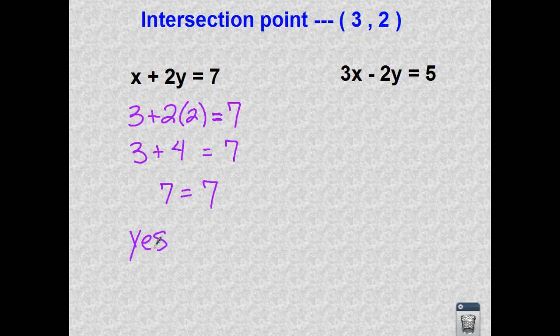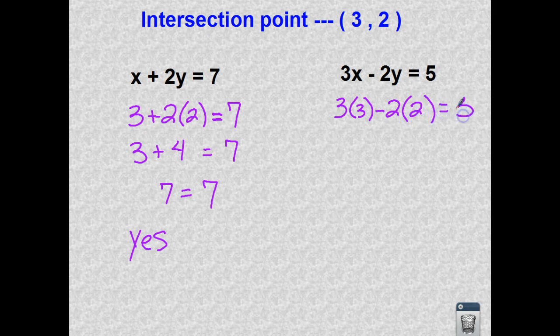So this is satisfying the idea that the ordered pair of 3, 2 will work in this equation. Now, in order for it to be a solution, that same ordered pair 3, 2 must work in the second equation. So they are working simultaneously. Substitute in our values. Our x is a 3, so 3 times 3 minus 2 times our y value.